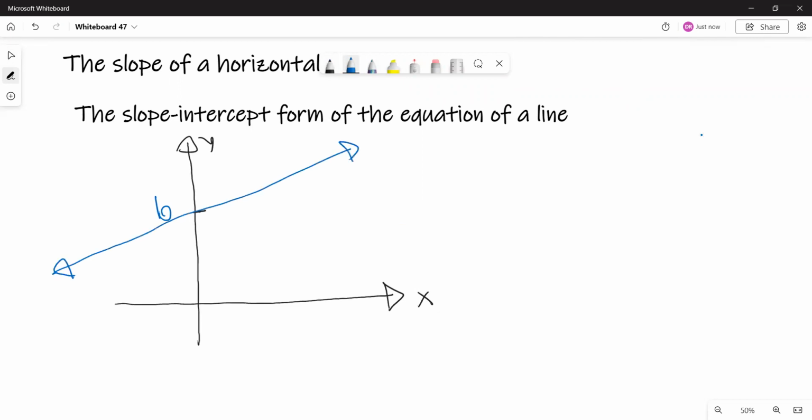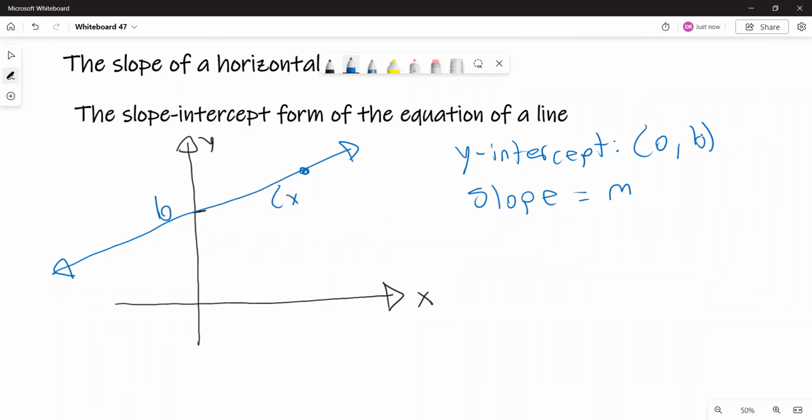And let's say it passes through some other point (x, y).